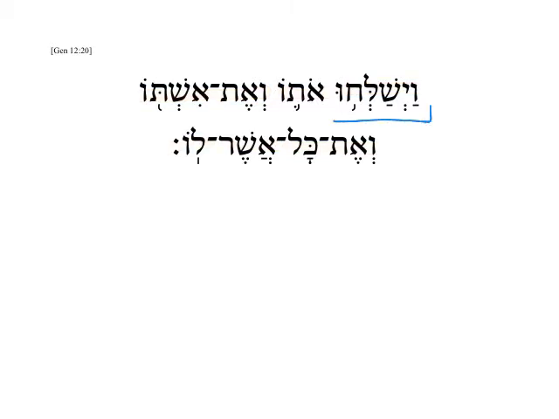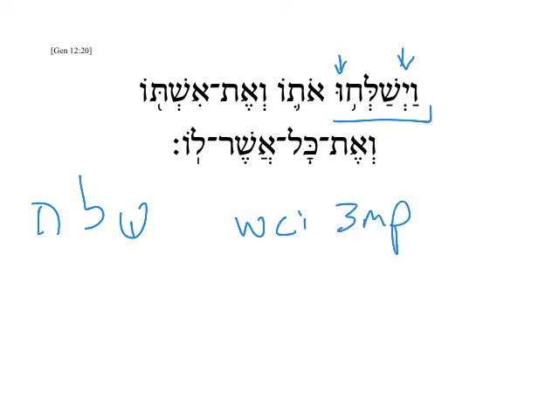So here we'll parse our verb, vayashalachu, and here it comes from the root shin lamed chet, to send forth, and what we can see immediately is it's in the vav consecutive imperfect form, and we can also see by the prefix and the suffix that it's third person masculine plural, and they sent.